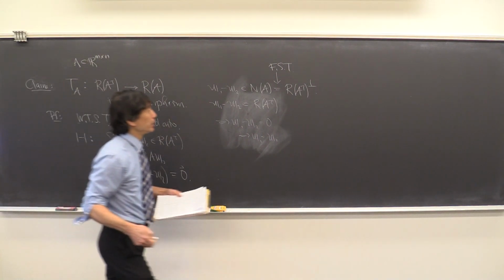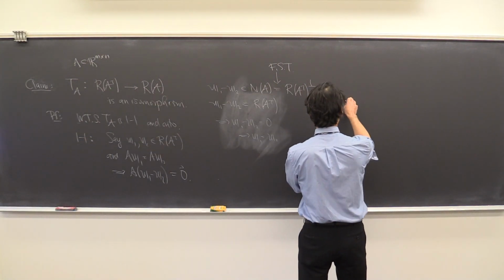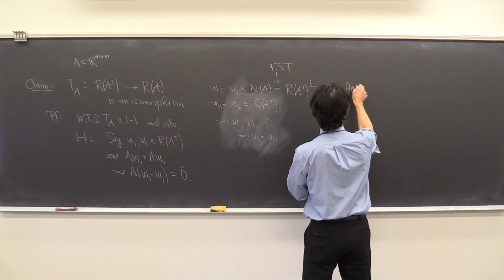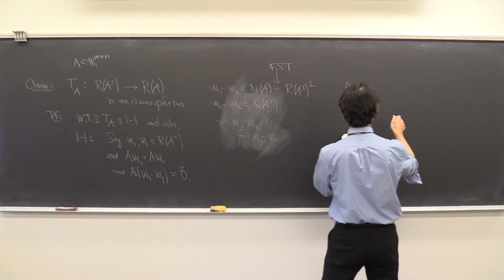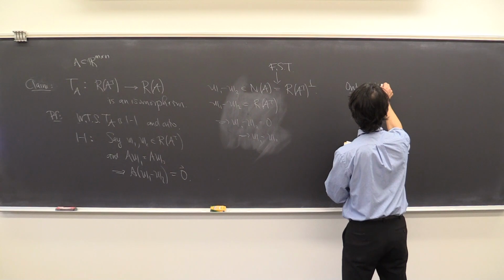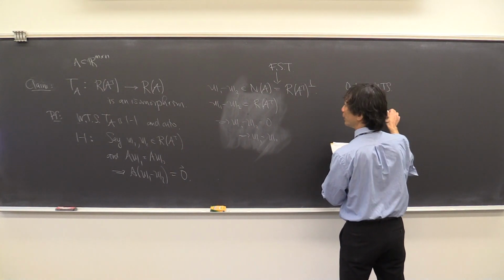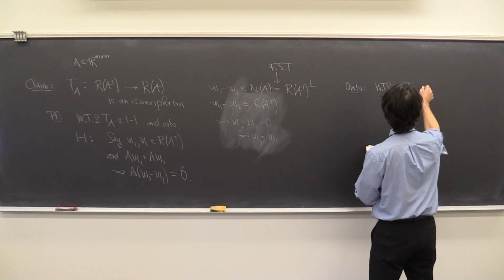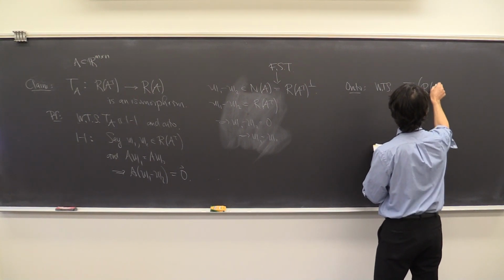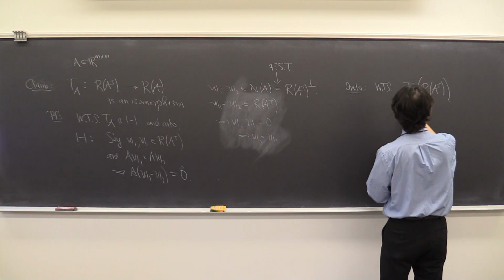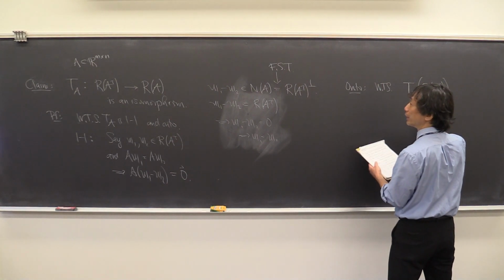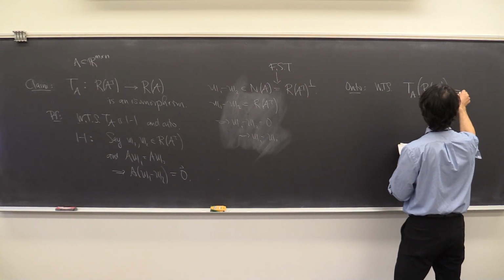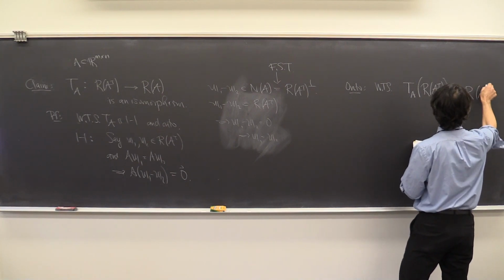Okay. And then the onto part. We want to show that the image of T sub A on R(A^T) actually is all of R(A).